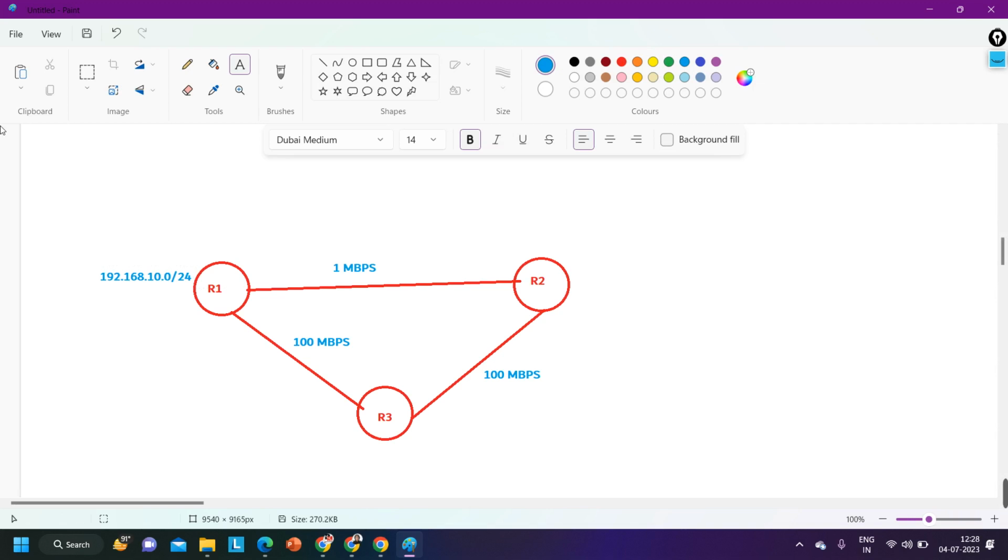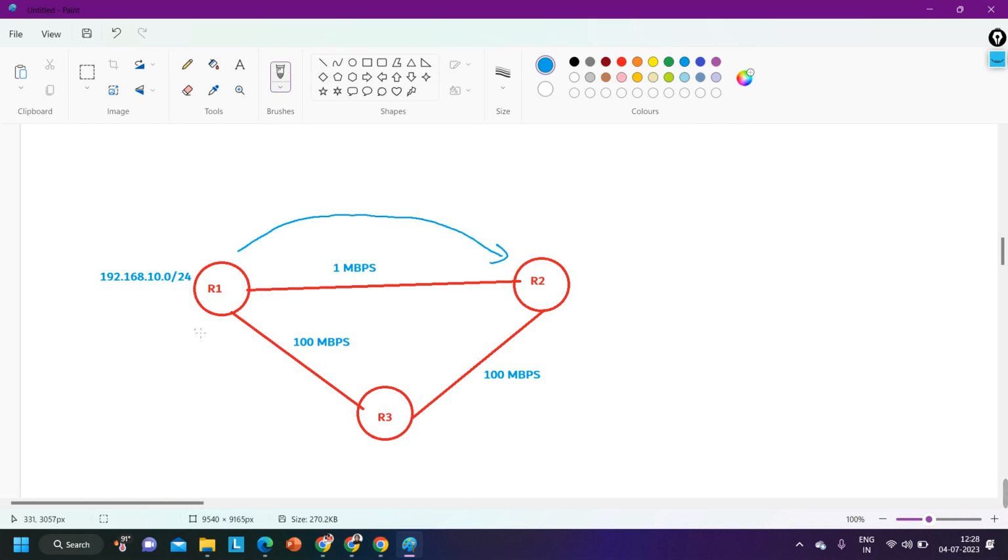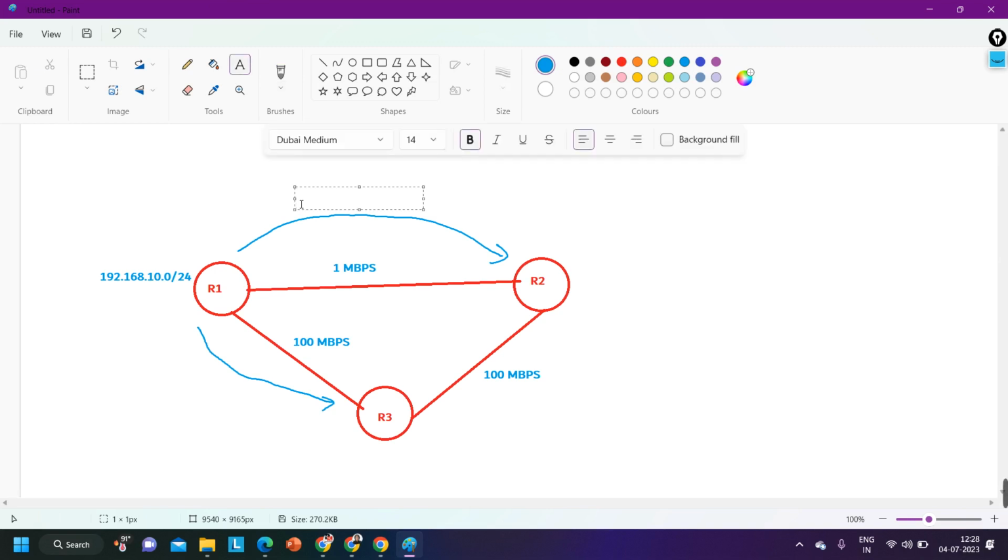Getting my point? Router 1 has one network, 192.168.10.0/24. So it will advertise to their neighbor. Router 1 will share this network information to router 2 and to router 3. Yes or no? Here there will be network information of 192.168.10.0/24.